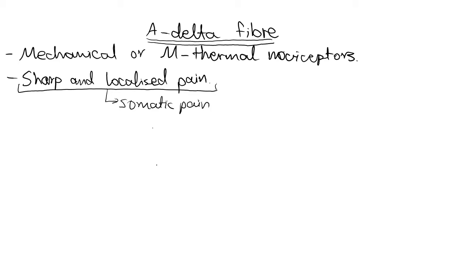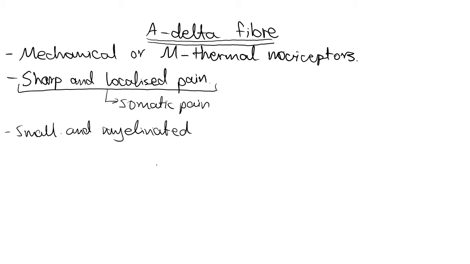In terms of the physical structure of A delta fibers, these fibers are small and myelinated. Now, what does this mean for the transmission of the pain? Well, as we all know, the smaller a particular wire or neuron is, the faster the nerve impulse flowing through the neuron is going to be, because the nerve impulse itself has to come in contact with less of the neuron, which means that it passes faster.